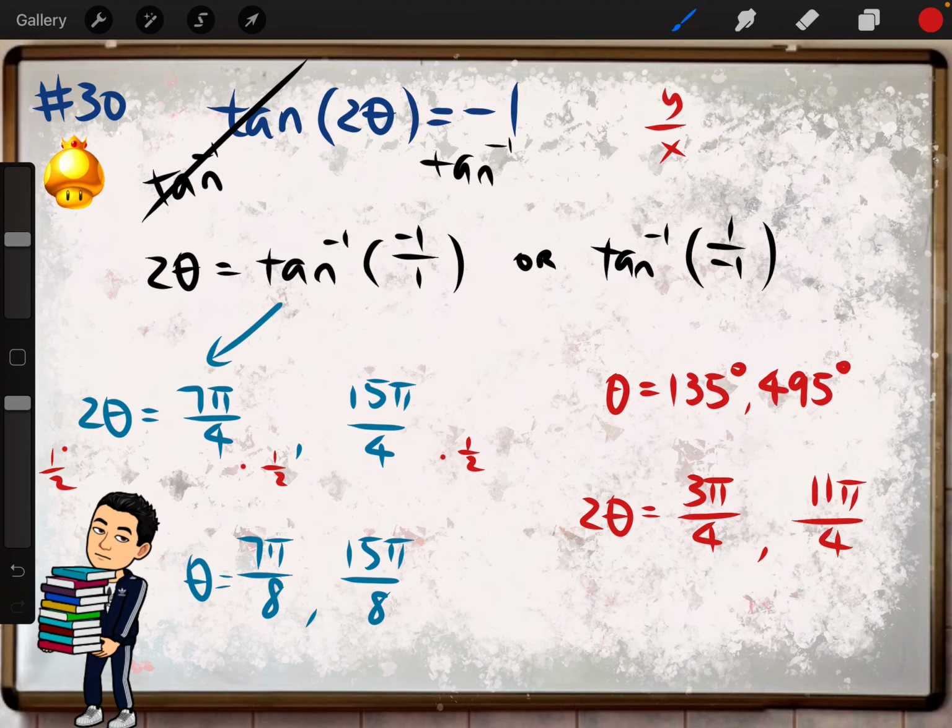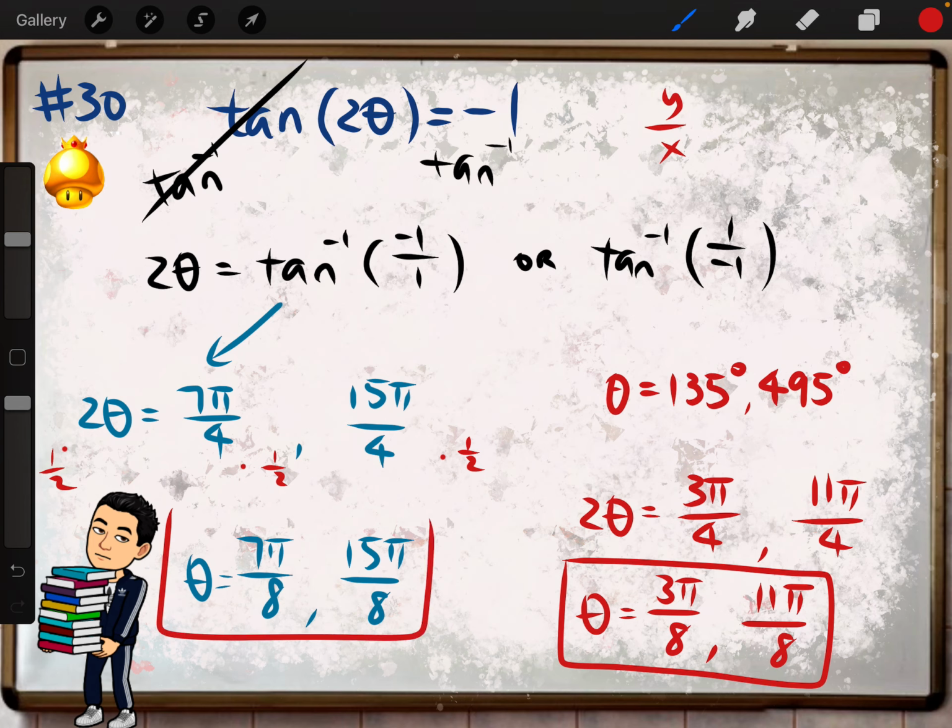In order to get theta by itself, you have to multiply by 1/2 on everything. So it's going to be 3 pi over 8. Another one's going to be 11 pi over 8. So you got 4 different measures. It's a crazy one. That's why I put a little mushroom on it.